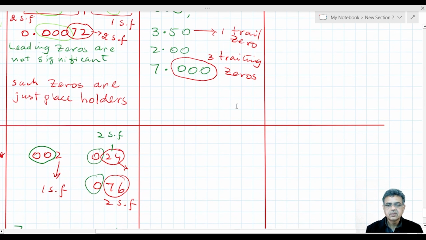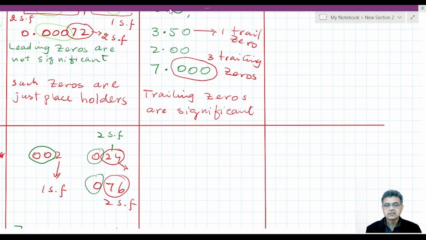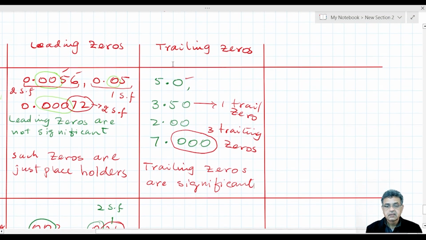So trailing zeros are significant. Trailing zeros are significant. There is no doubt in it, and there is no debate about it.